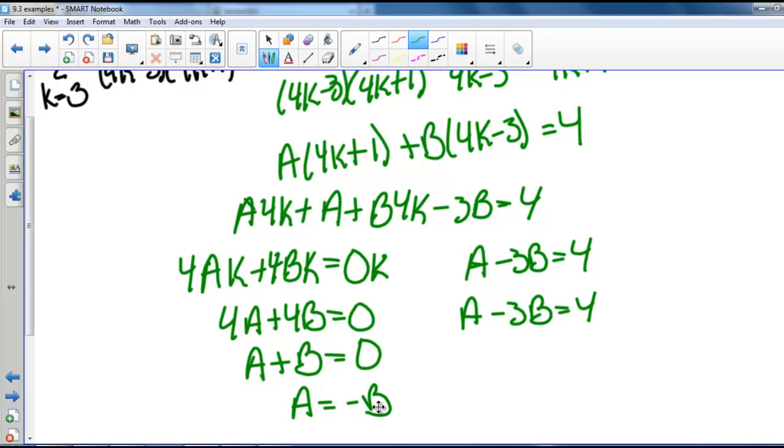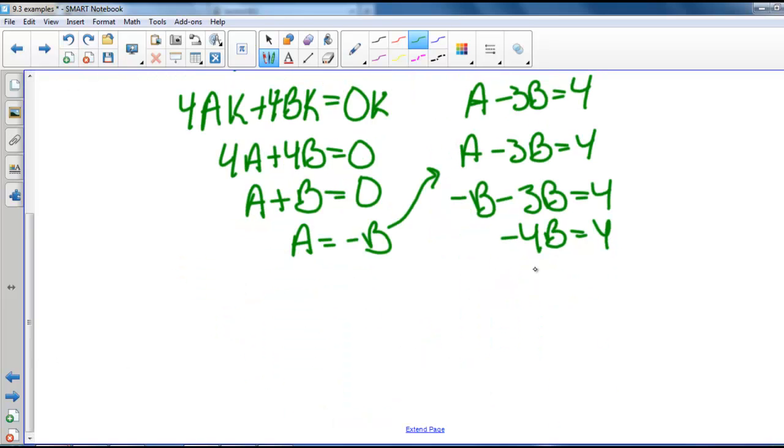And if we plug that into our other equation, then negative B minus 3B equals 4. So negative 4B equals 4, and B equals negative 1. Since B equals negative 1, that means that A equals positive 1.